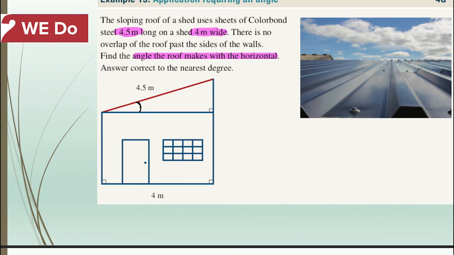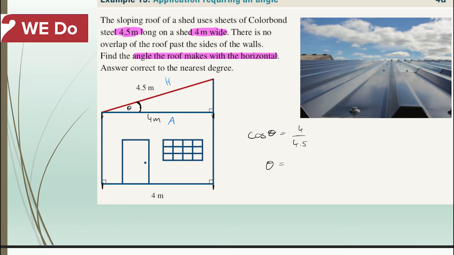So the thing we need to recognize here in this problem is that the width of the shed down here, 4 meters, is the same width of the shed up here. So this distance is also 4 meters. Now, which sides of the triangle do we have here? Adjacent and hypotenuse. So I'm going to call this angle theta. We're going to say cos theta equals 4 over 4.5.